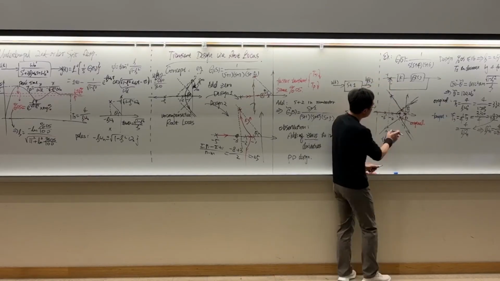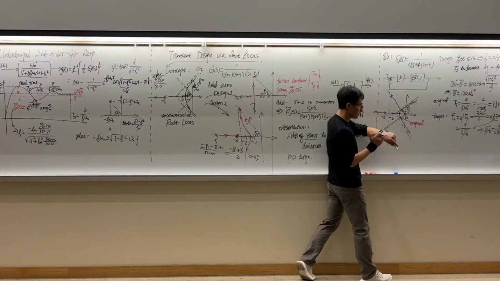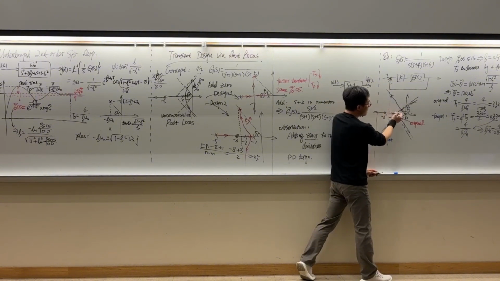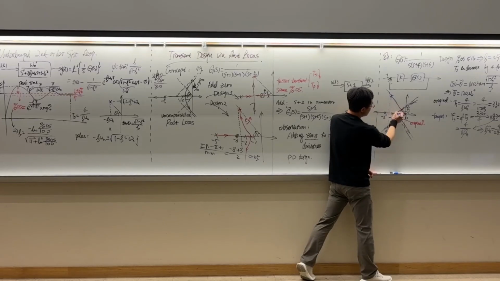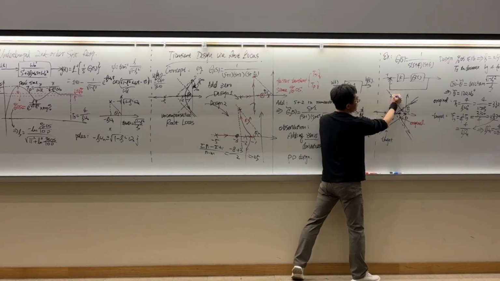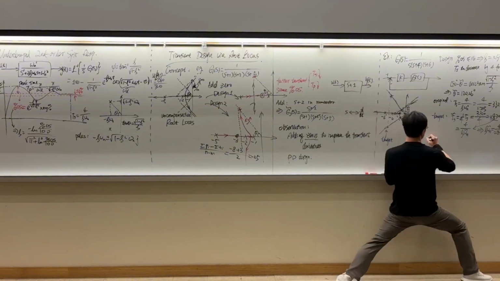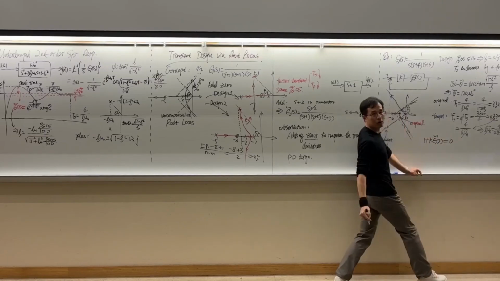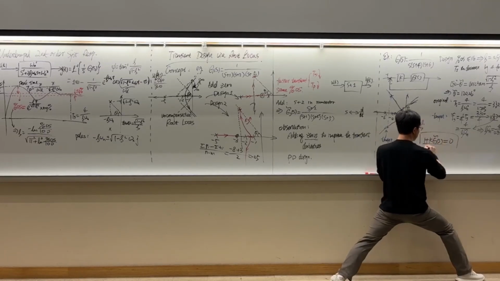So now you need to think about what kind of root locus will make a closed loop pole intersect at this point. That means we need a zero somewhere in our design. Let me draw it roughly, let's say here. If this is a real closed loop pole, then it should satisfy the condition 1 plus k g tilde of s equals 0, the most important equation in root locus analysis.